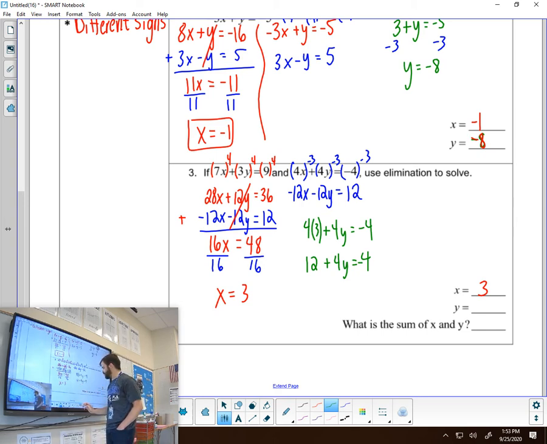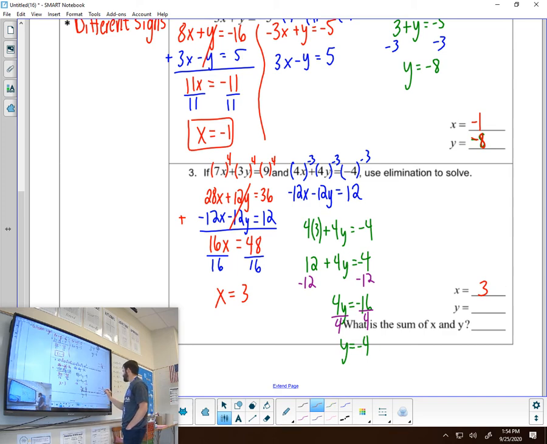To solve this, we're going to subtract 12 to both sides, get 4y equals negative 16, and then to solve, we're going to divide both sides by 4, and y is going to be equal to negative 4.